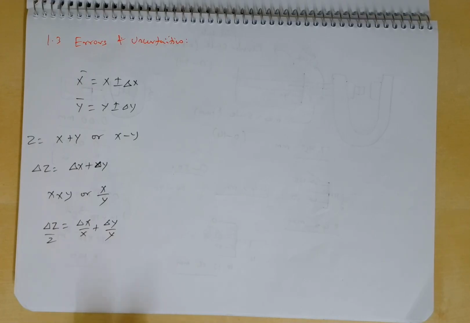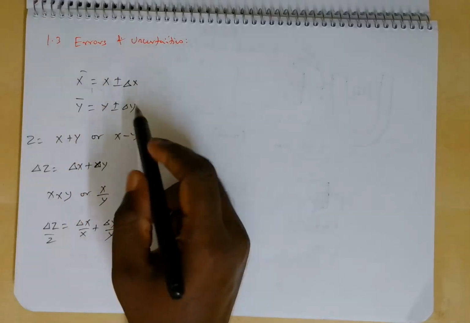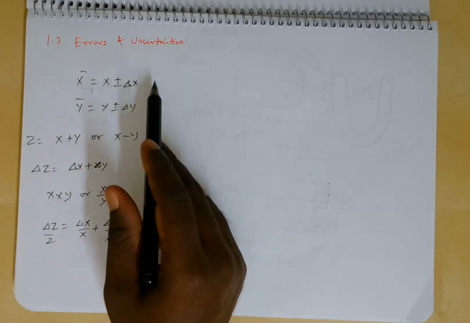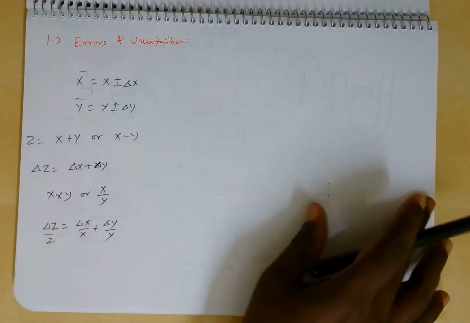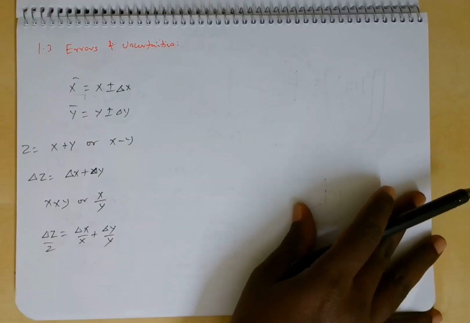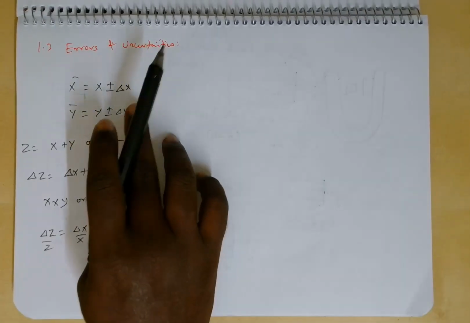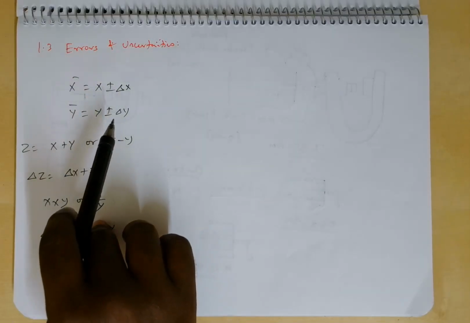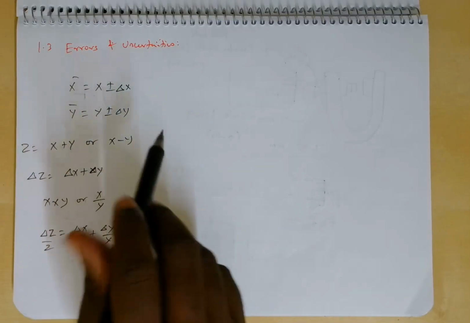So in short version, adding two quantities, their uncertainties will be added together. Second, multiplying or dividing two quantities, their percentage of uncertainty will be added together.